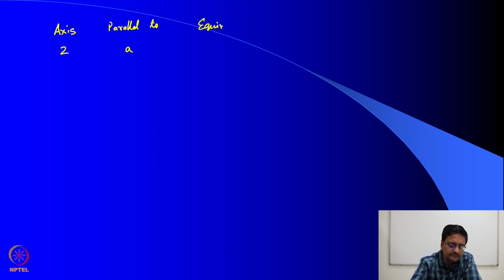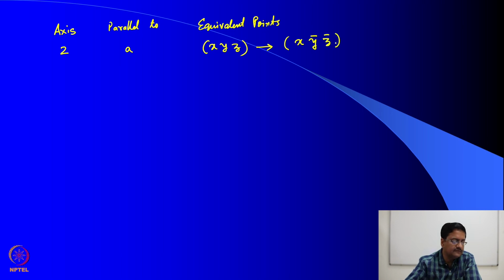Then the equivalent points: if you have the object at x, y, z and you apply a two-fold axis parallel to A, then the two points will be x, y bar, z bar.